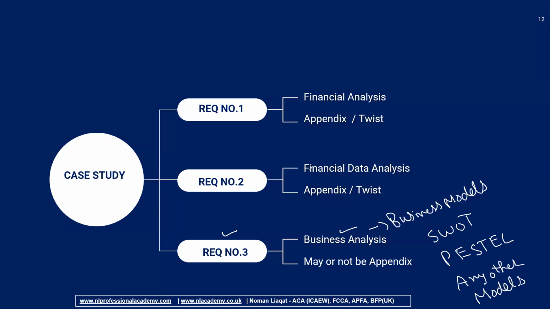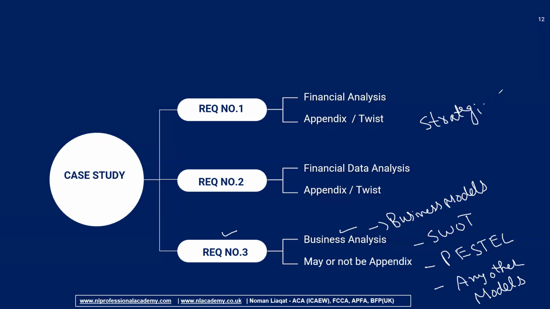You may not need to remember the name. You may not need to say that you applied the SWOT model. No, simply you can find out. You can apply SWOT or PESTEL or Porter's 5 Forces, whatever the point is. In business analysis, you need to look at strategic impact.